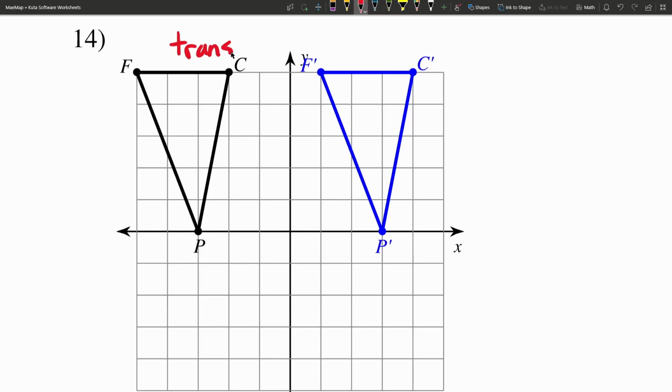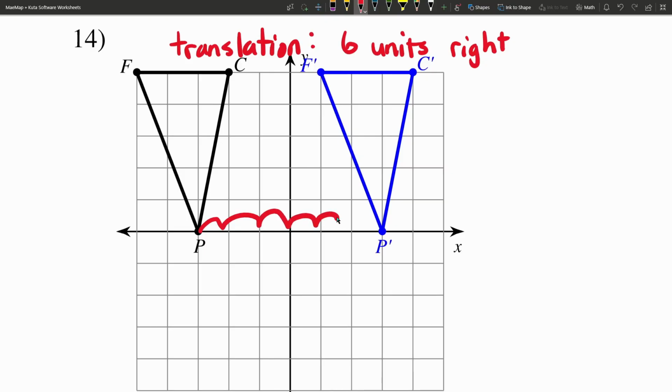So this is a translation of 6 units right. And we can double check with point P. 1, 2, 3, 4, 5, 6 units right. And there we have it. That's the final solution on this worksheet involving translations.